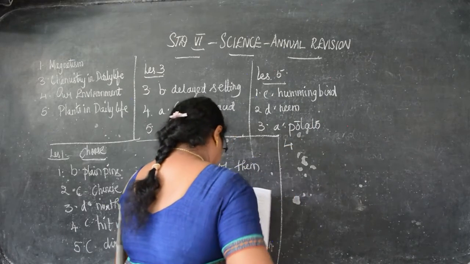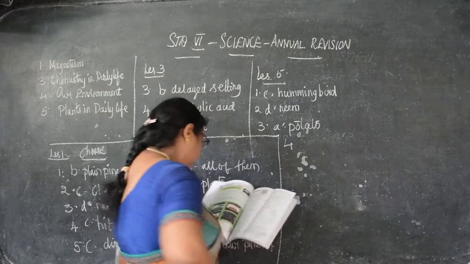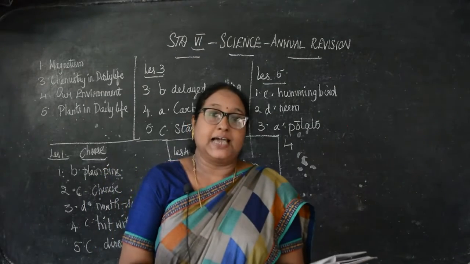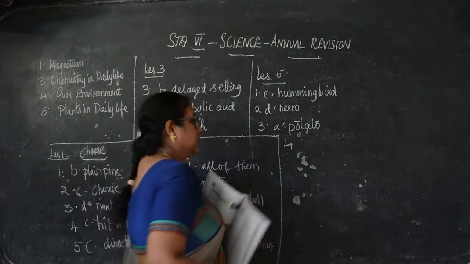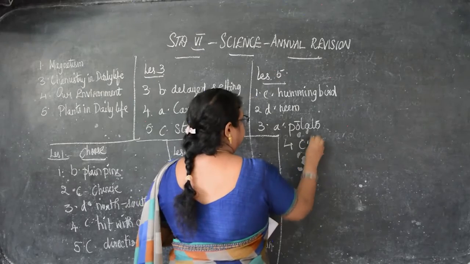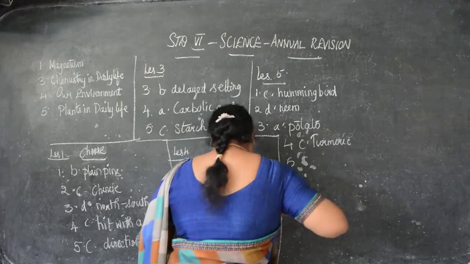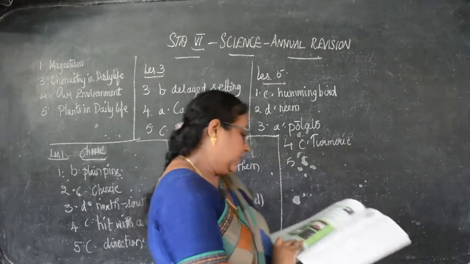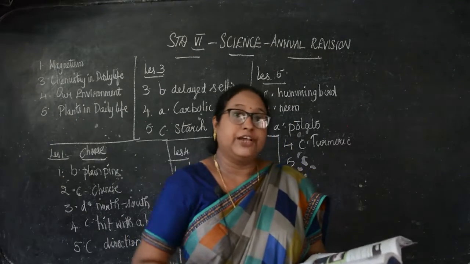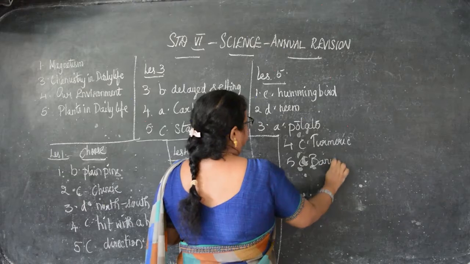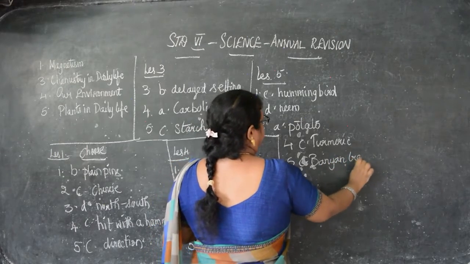Then fourth one, which of the following medicinal plants has anti-cancer properties? That is C, turmeric. Okay, children. Then, which is the national tree of India? C, banyan tree.